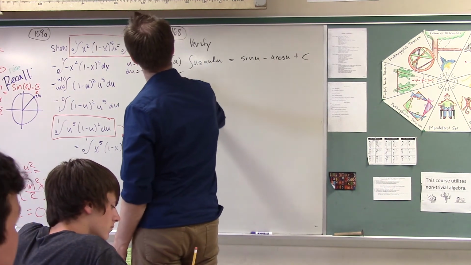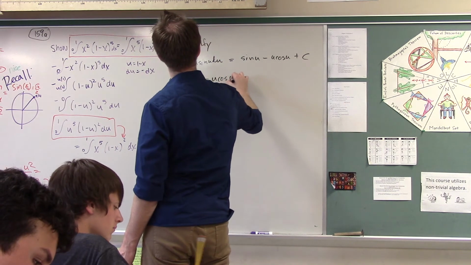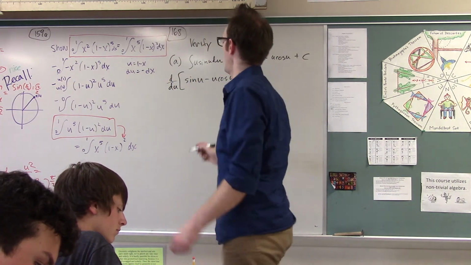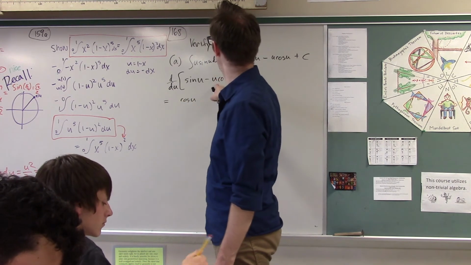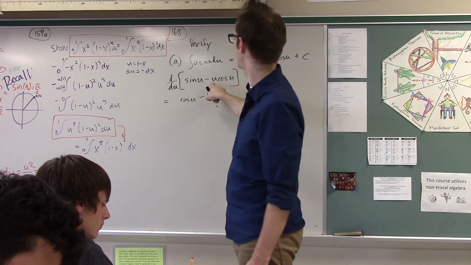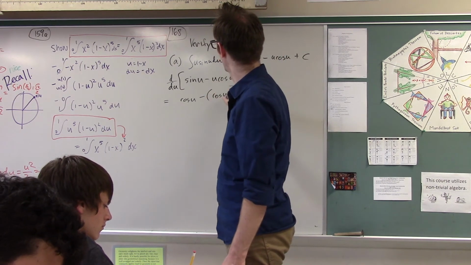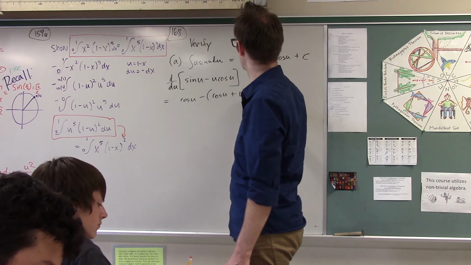Let's take the derivative with respect to u of sine u minus u cosine u and see what happens. Well, the derivative of sine is cosine, and minus the derivative of u cosine u: derivative of the first times the second, plus the first times the derivative of the second, and the derivative of cosine is negative sine.